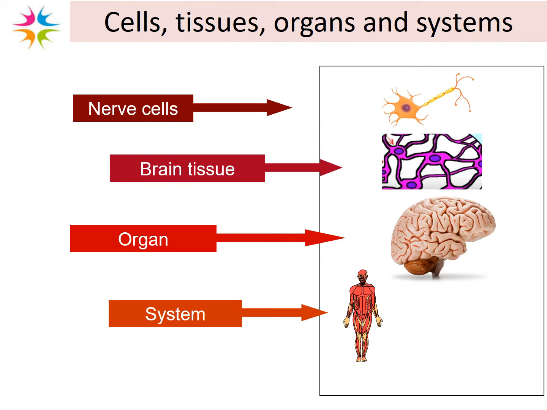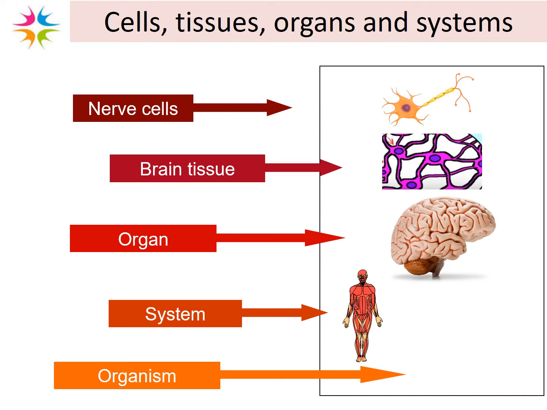Then you've got an organ system, so that is going to be the brain working with other types of organs to form an organ system. And then you have an organism. So this is the hierarchy or the order in which the body is organized. So you've got cells, tissue, organ, system, and the organism.